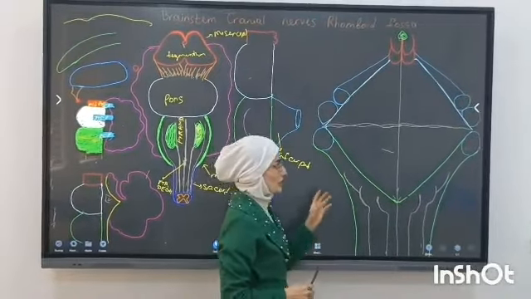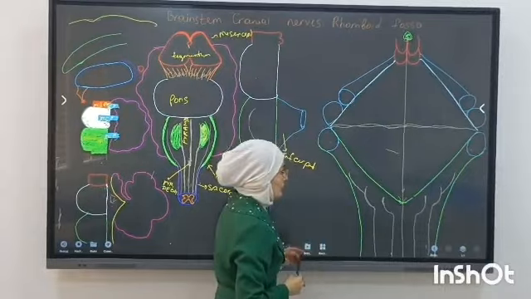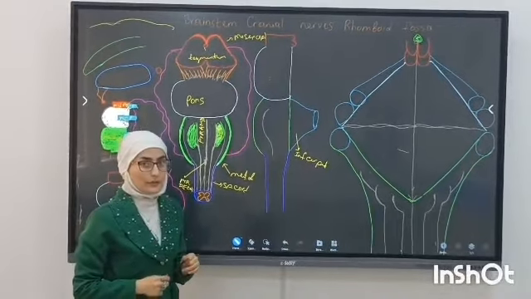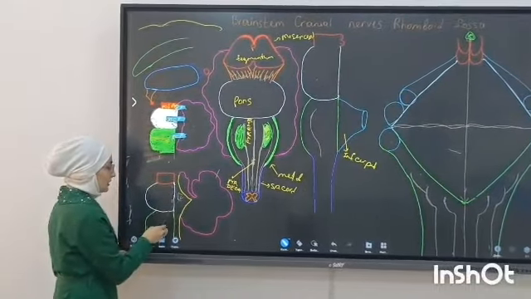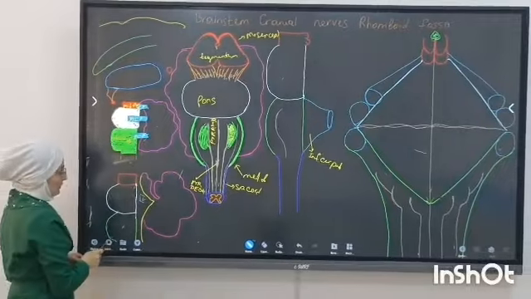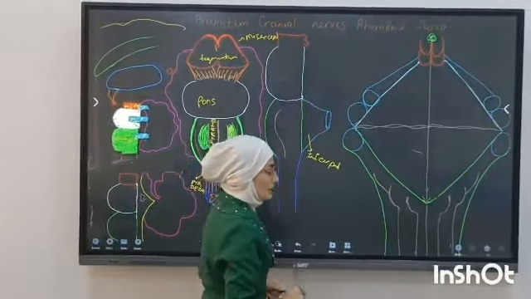The rhomboid fossa is a diamond-shaped depression located on the dorsal surface of the brainstem. The upper triangular part is formed by the pons, and the lower triangular part is formed by the medulla oblongata.